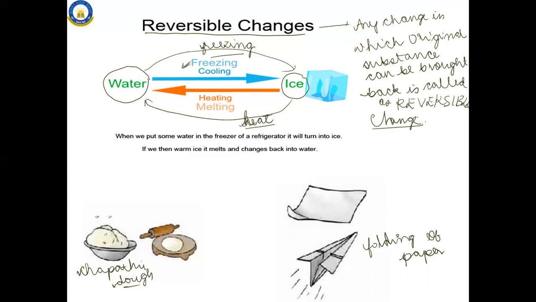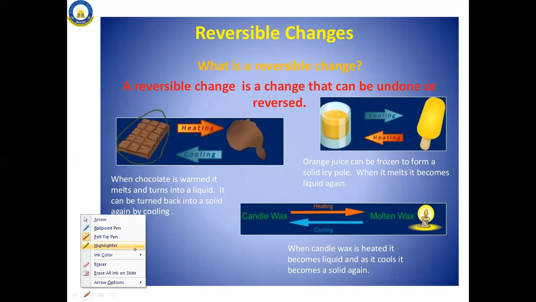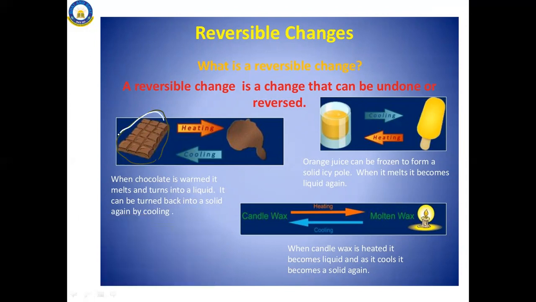And here are some more examples. Here there is a chocolate. Let me use some other color now. As you can see, there is a chocolate here. Once the chocolate is heated, it will melt, giving melted chocolate.